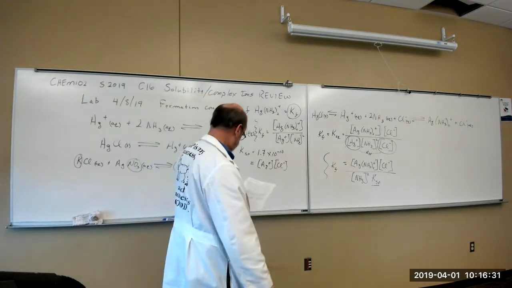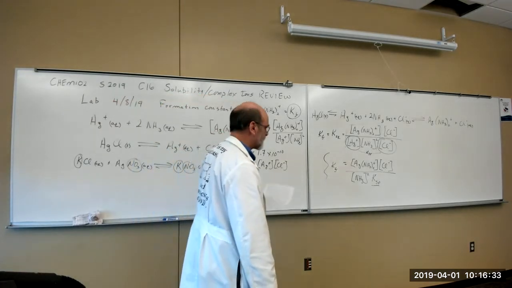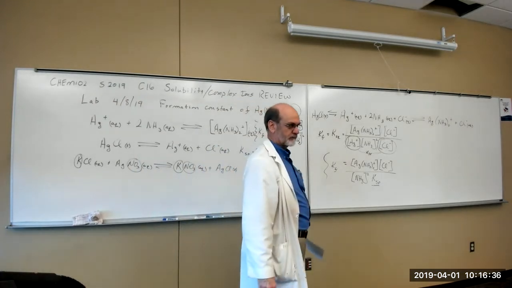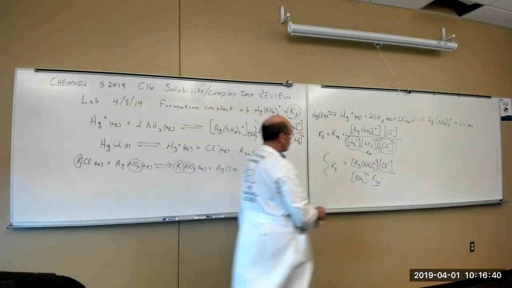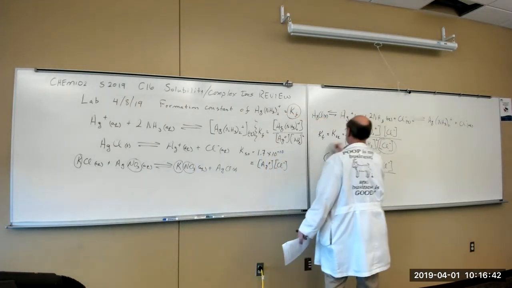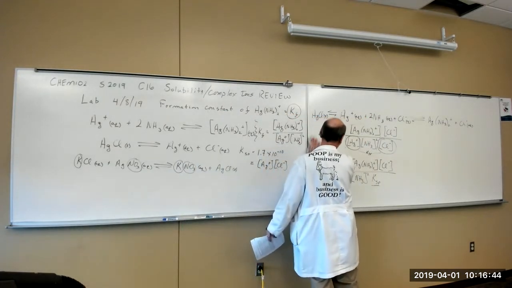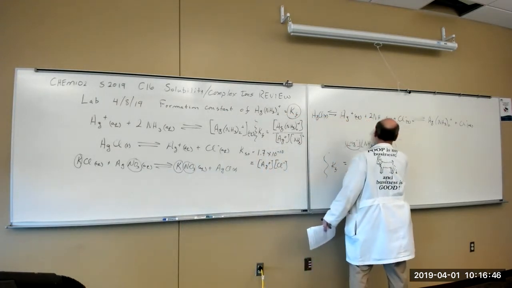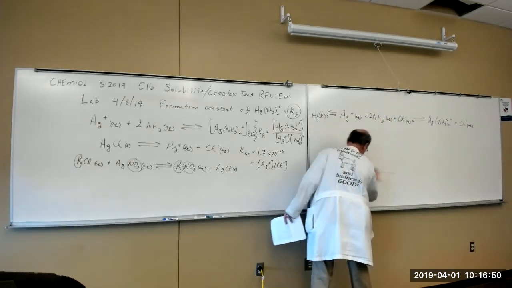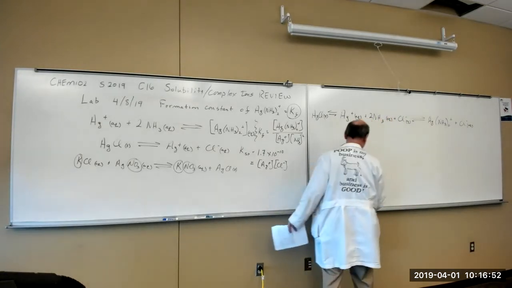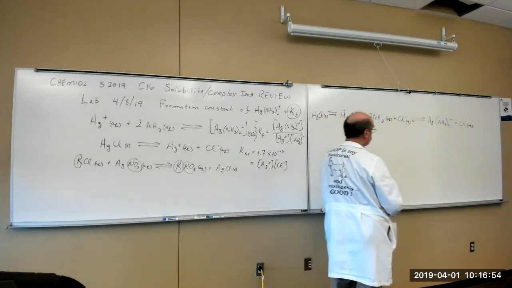Okay, we need to set up a nice table now. And we're going to stick with this equation. That's our target equation. That's the stoichiometry that's happening in the reaction vessel.